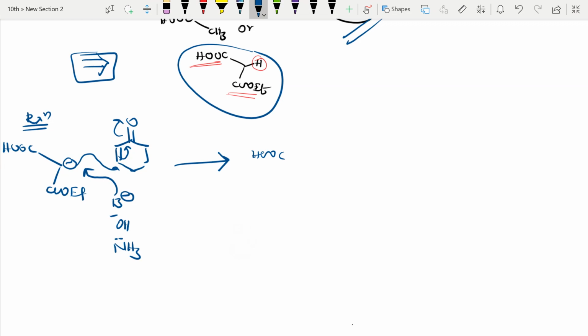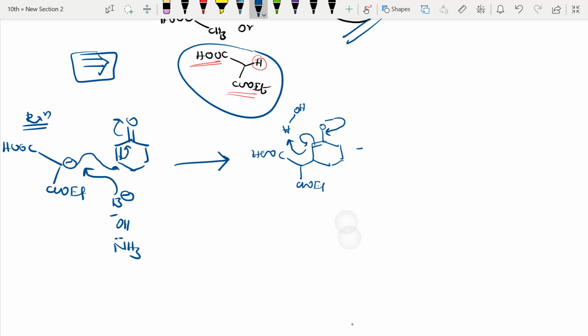So I'll get this compound COOEt here, and here as usual, and here O minus, and the double bond comes here because of resonance, right? So here water will be there, so this electron density comes here, this negative charge will be there, water will be there, from that HOH, this negative charge takes this proton, and I will get the structure like this.